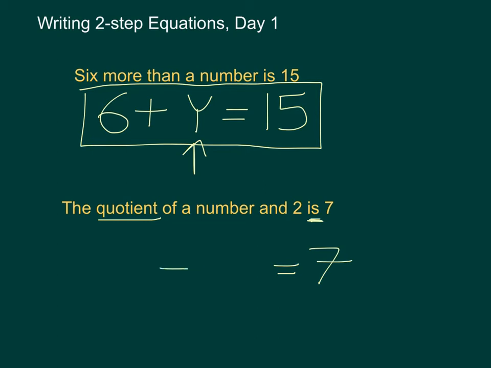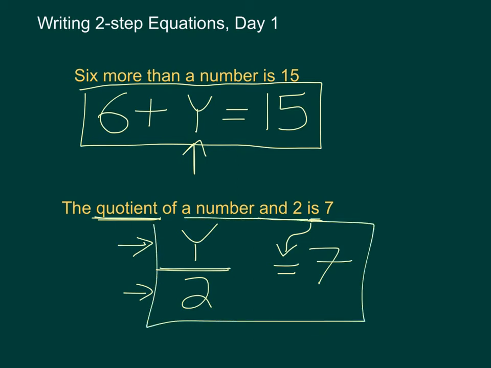So I'm going to draw my division line, and it says the quotient of a number, so I don't know what that number is, and 2 is 7. So whenever I see the word quotient, I know it's going to be division. A number means it's going to be a variable because I don't know what that number is. And 2 is 7. So this is my equation. And again, it doesn't say solve it. I'm just writing it.